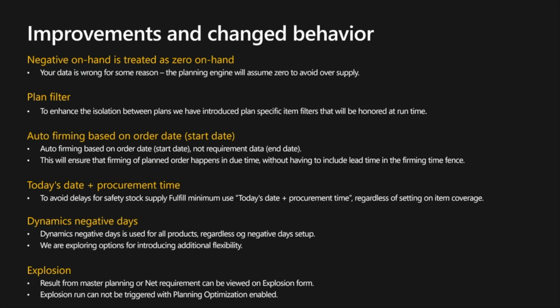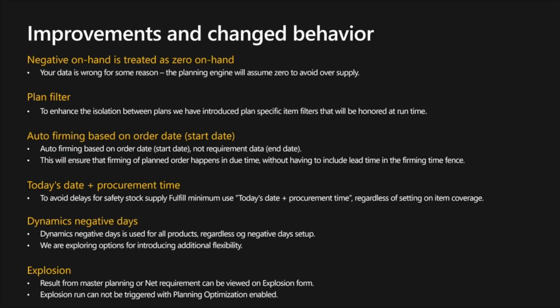The last thing on my list here, explosion. Whenever you run master planning or net requirements, it can be viewed on the explosion form, but you cannot trigger an explosion. This is because the explosion is, you could say, a suboptimal part of the plan, because it's only looking at replenishment based on this specific order and not on the entire graph of supply and demand.